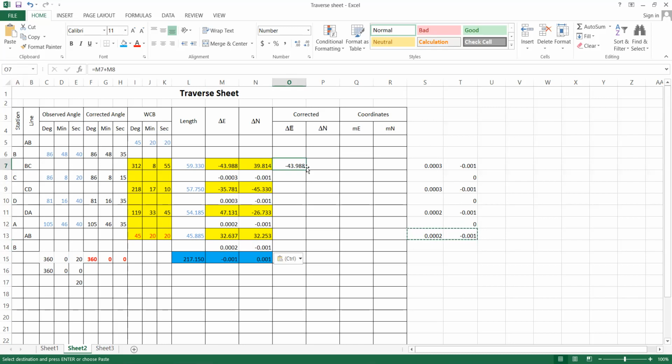And I can add them. So this is how I want to do the correction for delta E and delta N. What I did, I distributed this error proportional to the lengths, and those values are shown in the cell below the row values, and that correction is added.